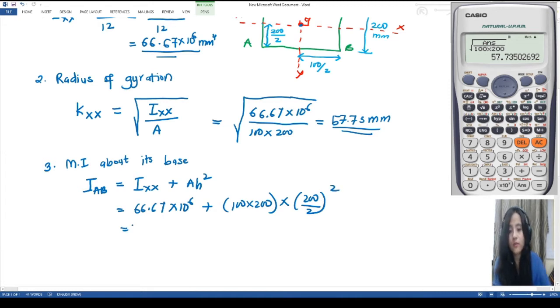So if I again solve this in a calculator, 66.67 into 10 raised to power 6 plus, let's open the bracket, 100 into 200 into 100 square.